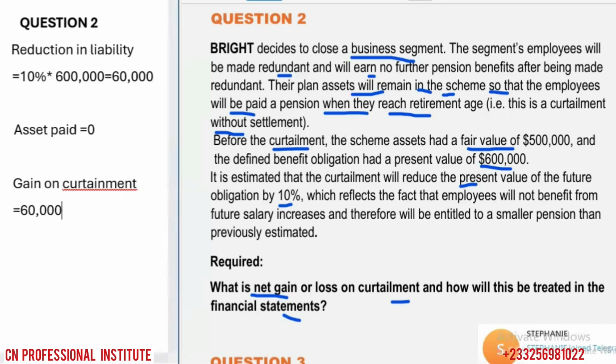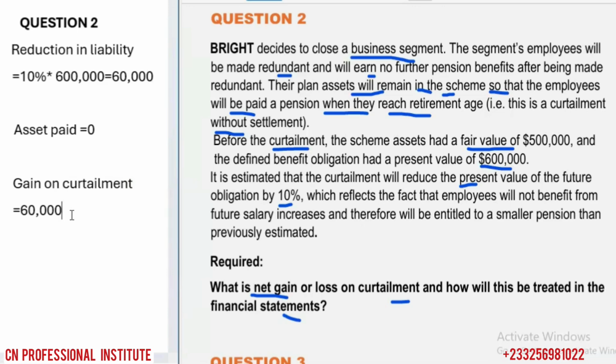So when we make a gain, we use the gain to reduce the expense. So the 60,000 gain on curtailment will be used to reduce the past service cost.